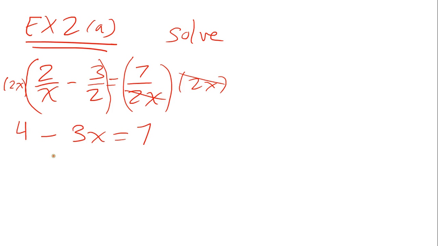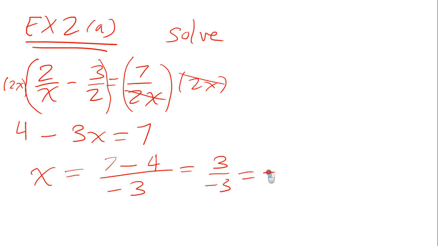As we would normally solve this, I'm going to cut to the chase because we've done this a few times. So x equals 7 minus 4 over minus 3, which is 3 over minus 3, which is minus 1.